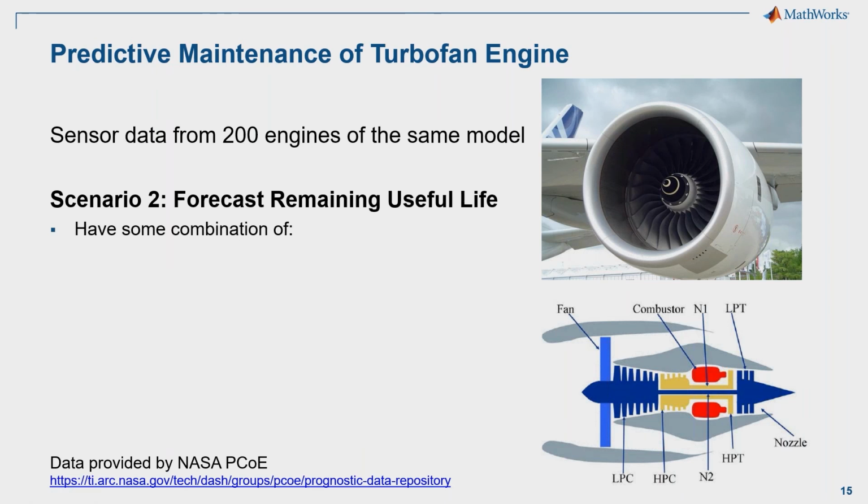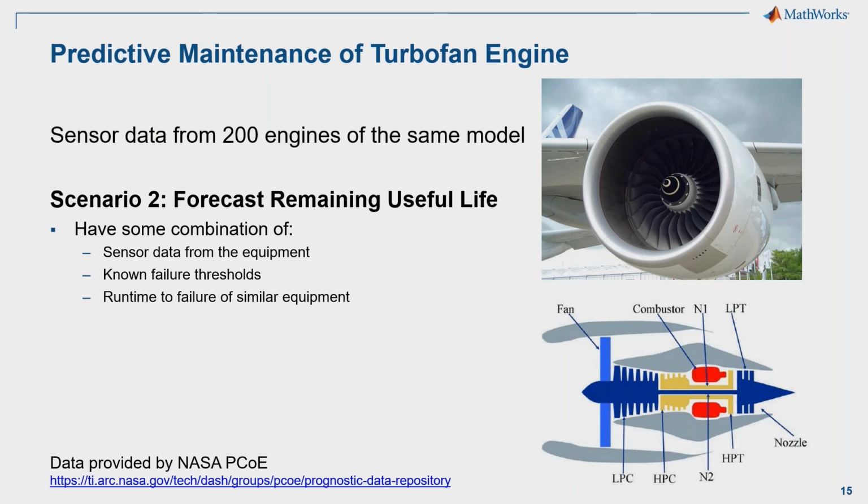In this example, or in this sort of scenario, we're going to have some combination of sensor data from our equipment, known failure thresholds, so we have some sense of what failure might look like, and or runtime to failure of similar equipment, right? So we know how long something lasted before it failed.